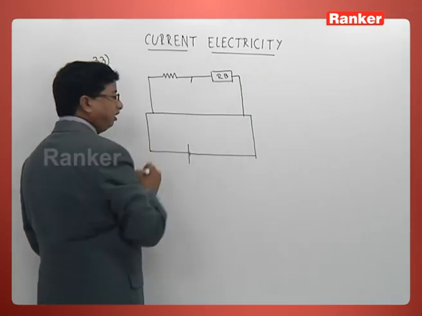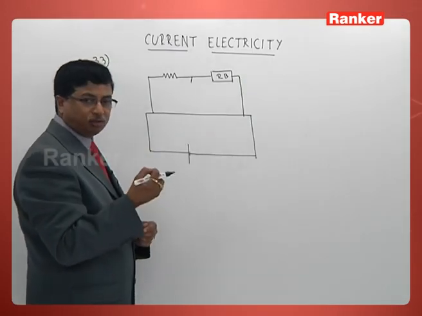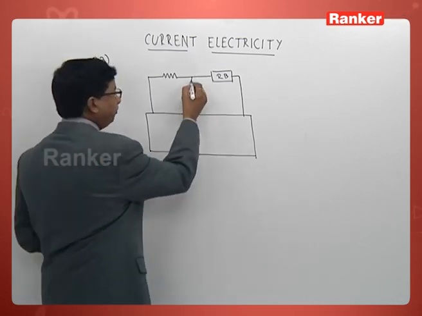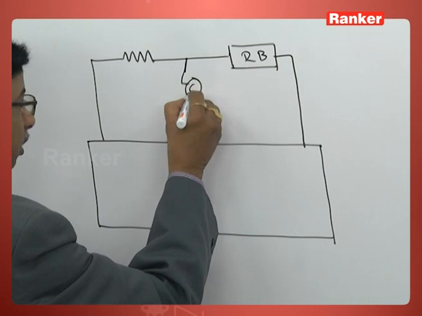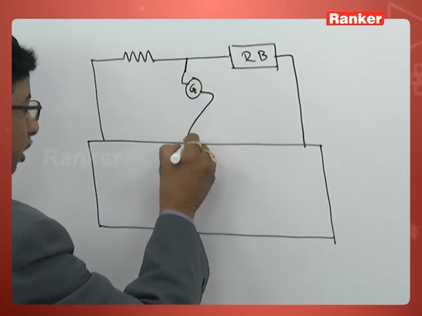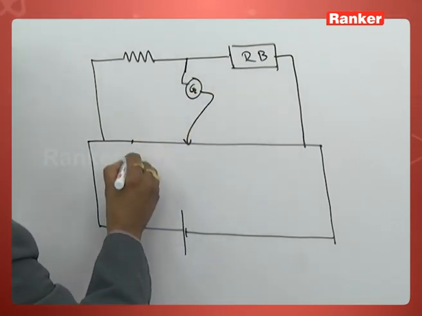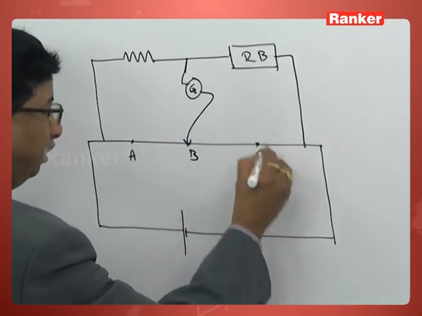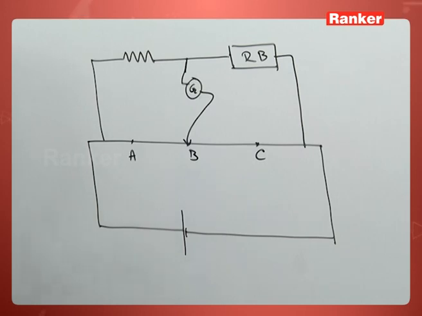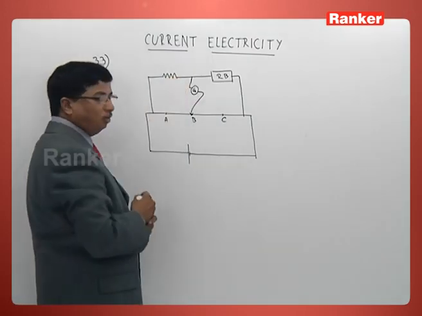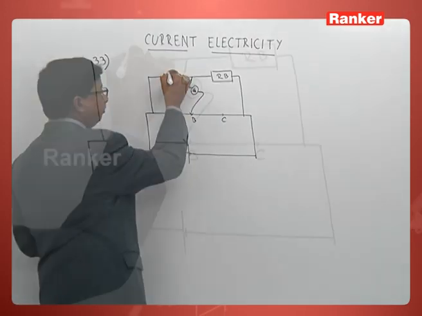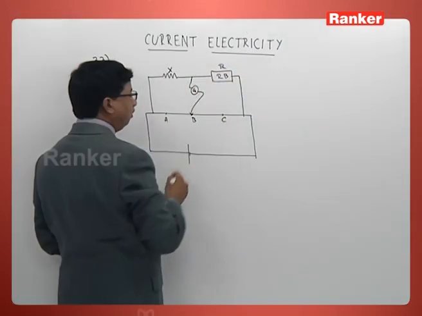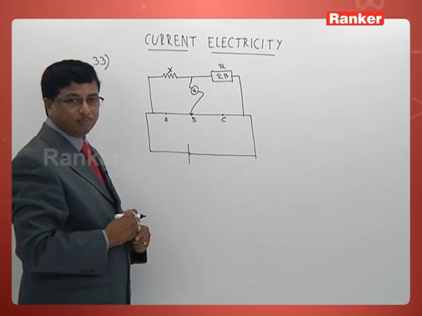From here, that is the middle screw, the connecting terminal, this is now connected across the galvanometer and connected to the jockey. This is point A, this is point B, this is point C. This is the unknown resistance according to him, given as X. This is a known resistance, given as R.